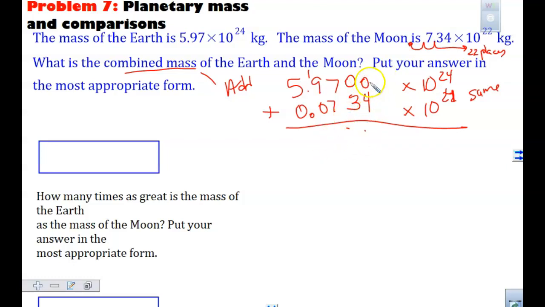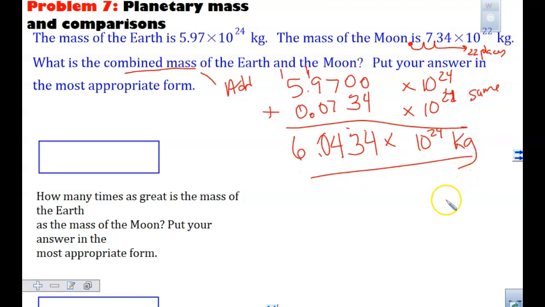So we have 2 zeros behind here. So the 4, then we have 3, 7 plus 7 gives us 14, 9 and 1 gives us 0. This is going to now give us 10, so 6.034 times 10 to the 24. Our label would be kilograms.